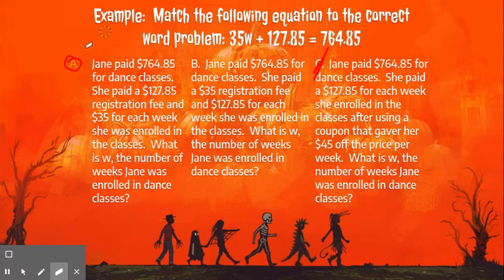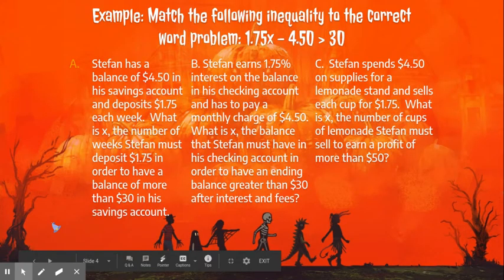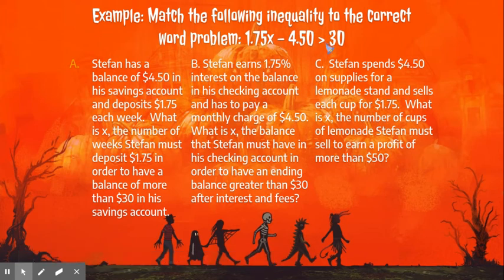We just want to make sure we're matching it to where it belongs. So my next one: match the following inequality to the correct word problem. We want to find the correct inequality. My numbers are 175, 450, and 30.